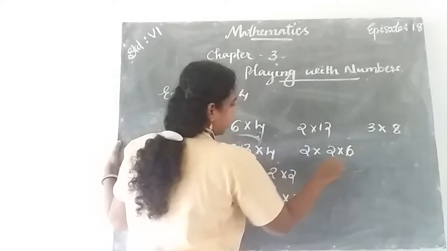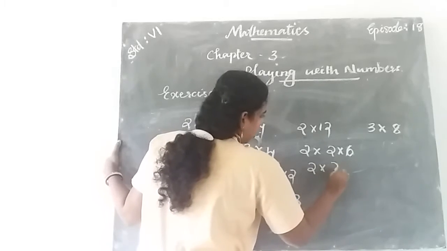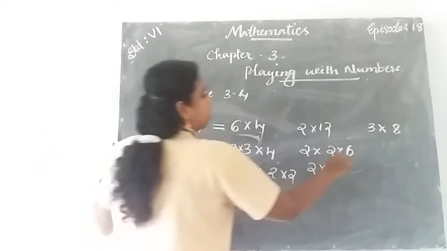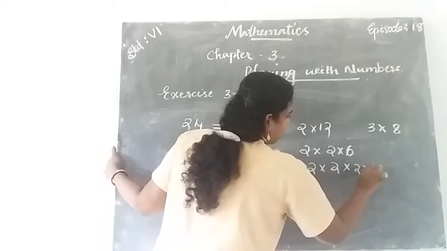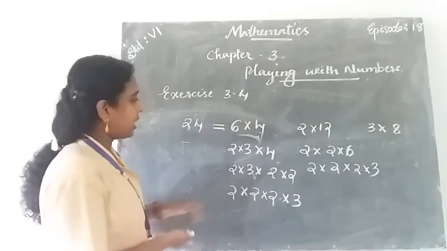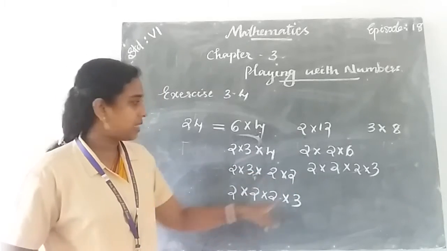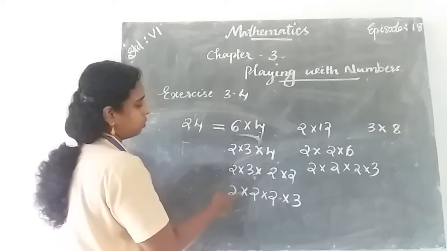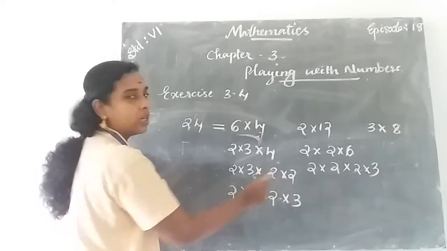Then we express the 6 as the product of 2 into 3. Here we get the same prime factorization, 2 into 2 into 2 into 3.